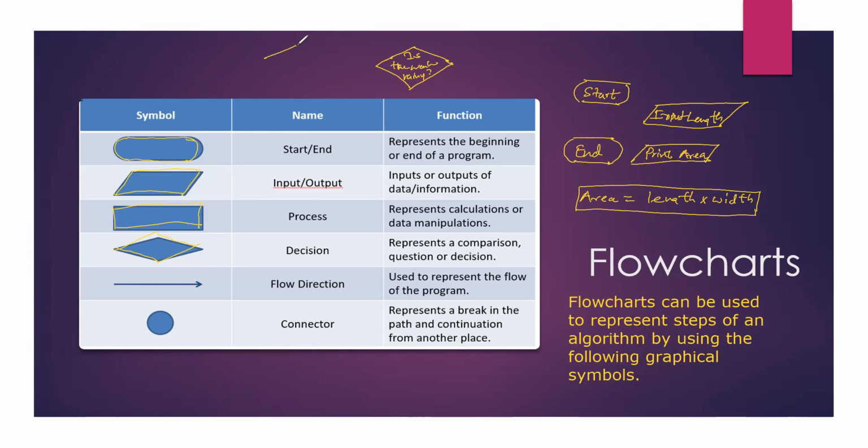Or we can check something like whether the marks for a particular subject are greater than or equal to 50. Normally these decisions have two outcomes, either yes or no, so we use yes or no questions. One side will have a branch if it is yes, and another branch if it is no.